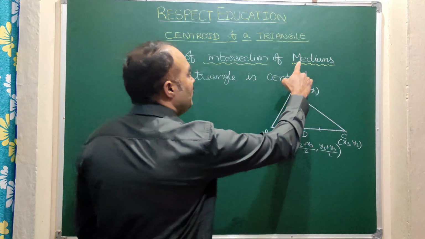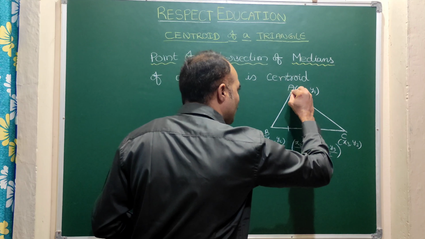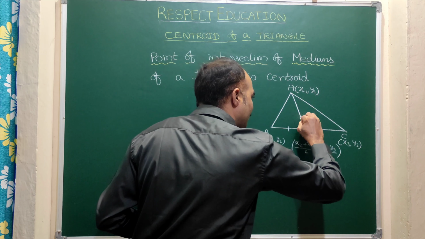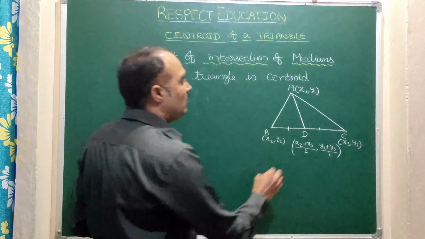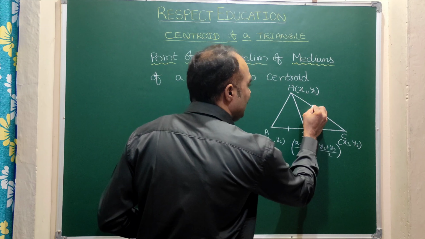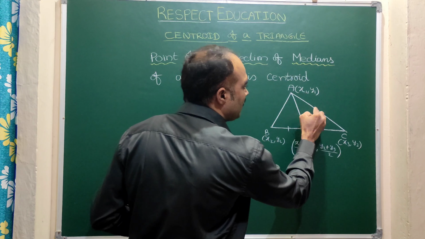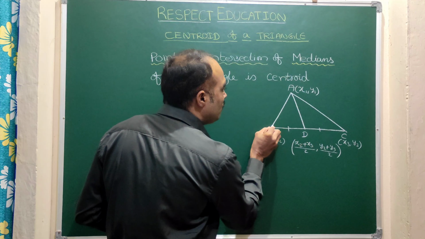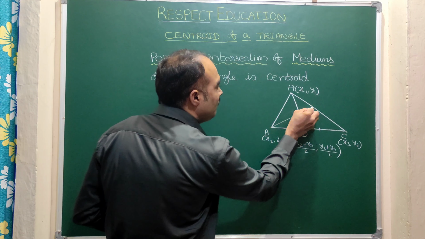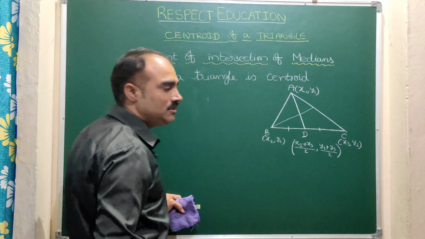Now we need to draw the median. So here AD is median. Clear? Same way as I have told you earlier, here one more midpoint can be labeled as E. If you join B and E, another median comes.